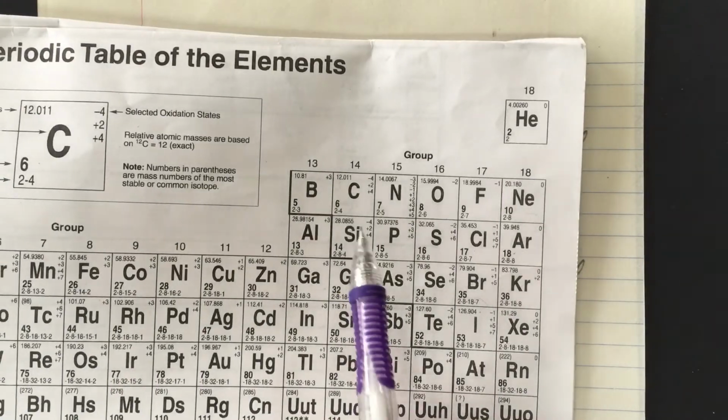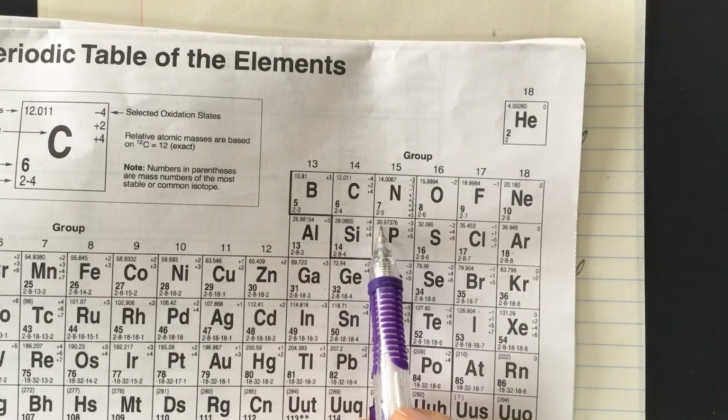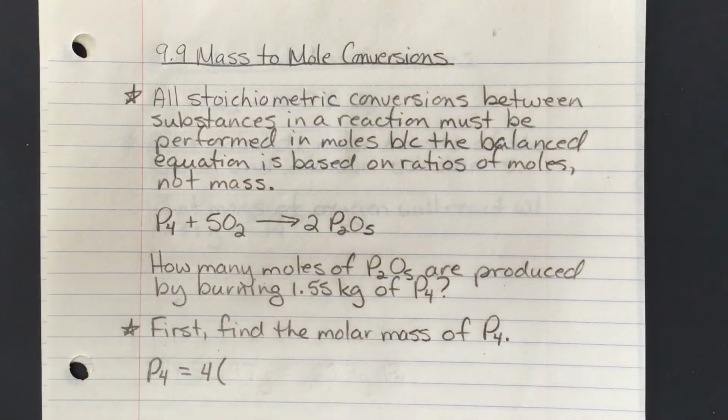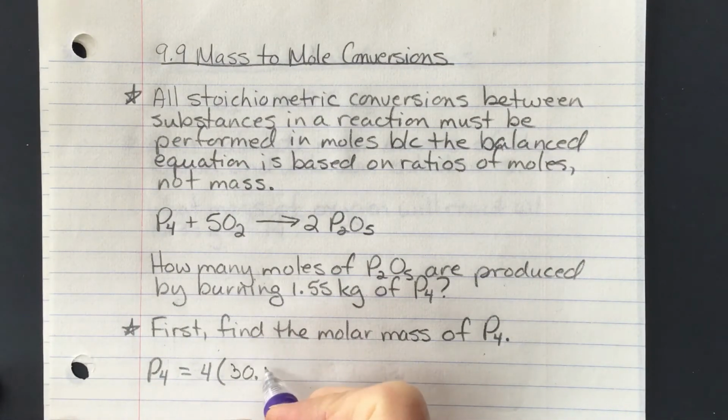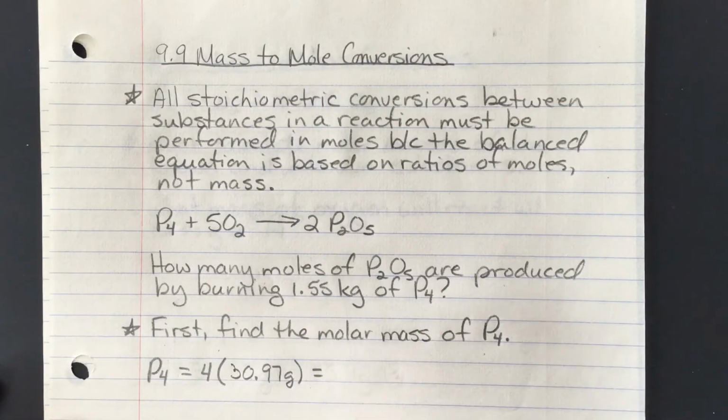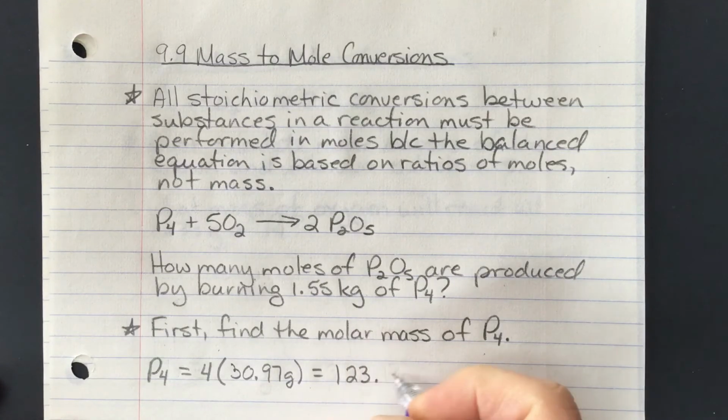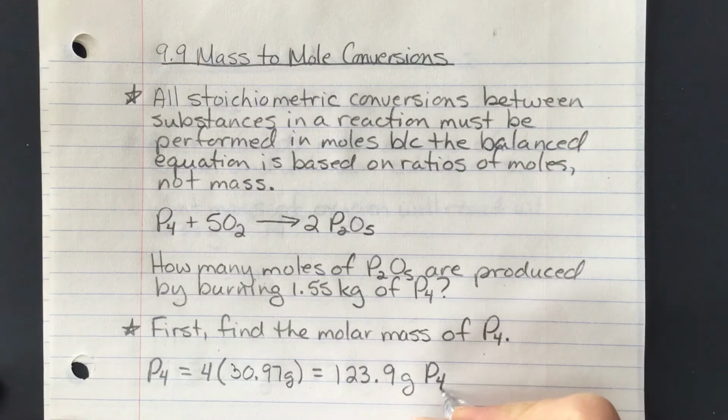I'm going back to my periodic table here, it is 30.97 grams. And when I multiply those two numbers together, I get 123.9 grams of P4.